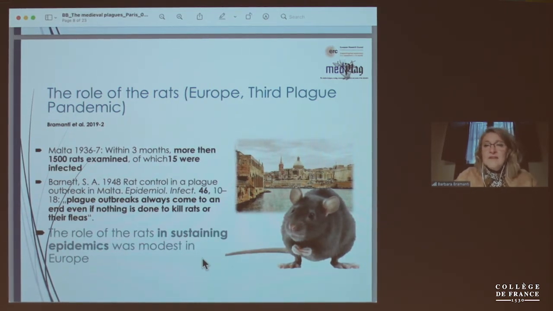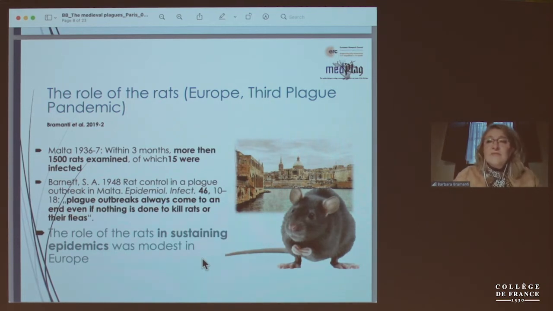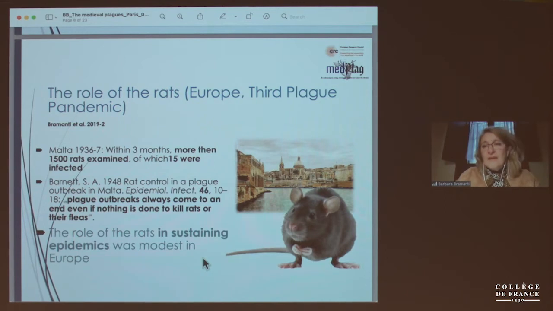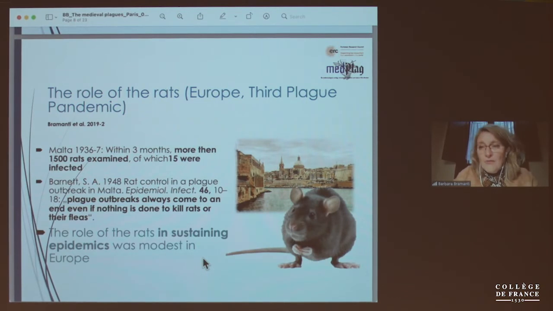In Malta, they analyzed more than 1,500 rats in 3 months. There were black rats and also brown rats, and only 15 were infected. If you ask me, the reason is they had just come off the ship. But of course, this is just a suggestion, just an idea.